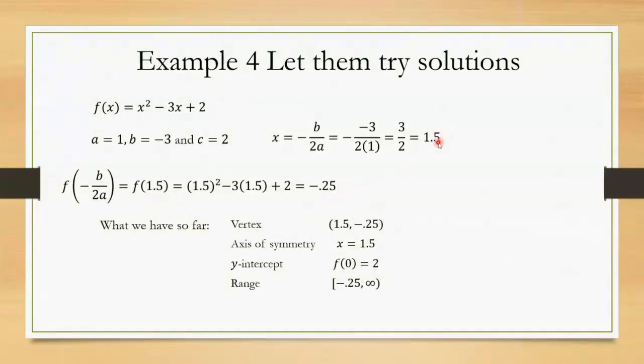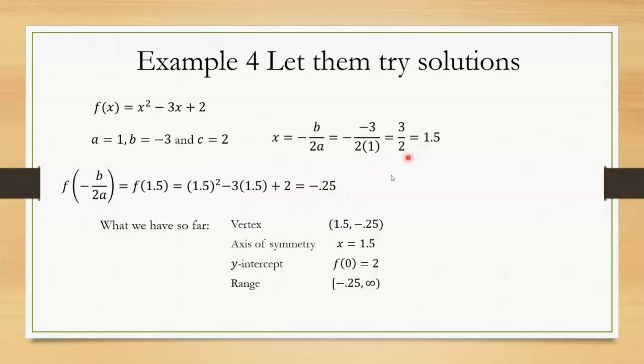So again, this is the x coordinate of the vertex. For the y coordinate, we have to evaluate the function at this. So we have f of 1.5. That's 1.5 squared minus 3 times 1.5 plus 2, which turns out to be -0.25.